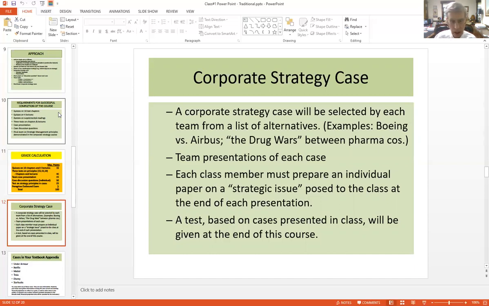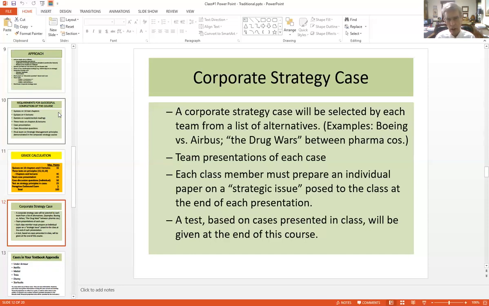And similarly, you can just imagine if you study one car company like Ford, you're going to study the competition from a lot of other car companies. So it's the competition, the rivalry that makes these cases as interesting as they are.